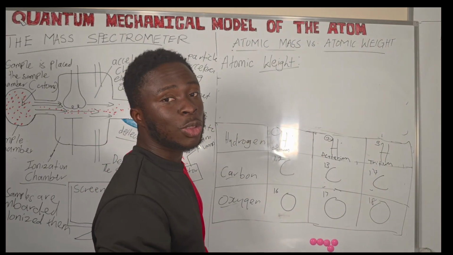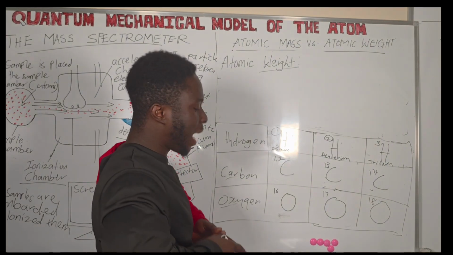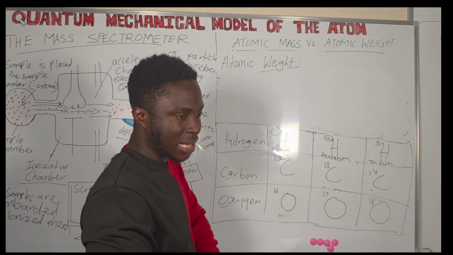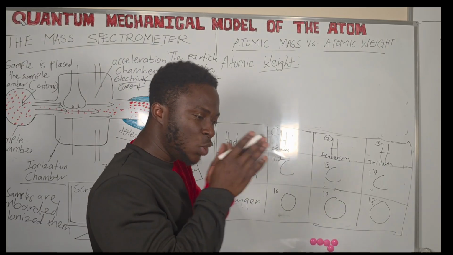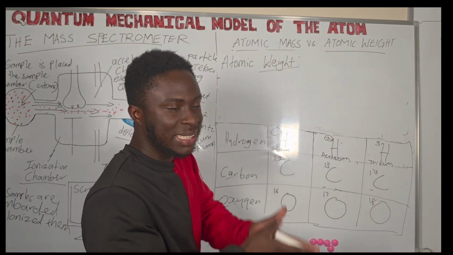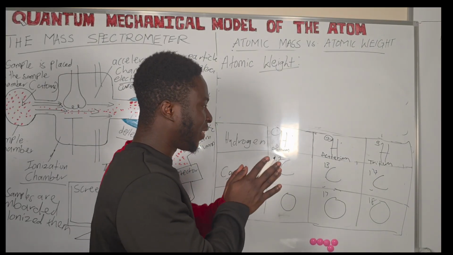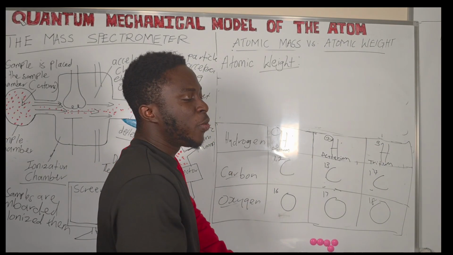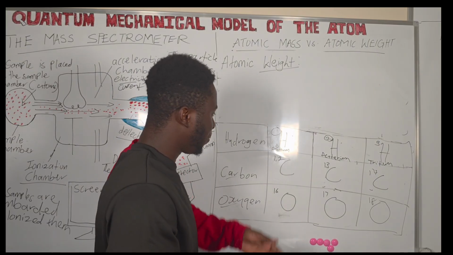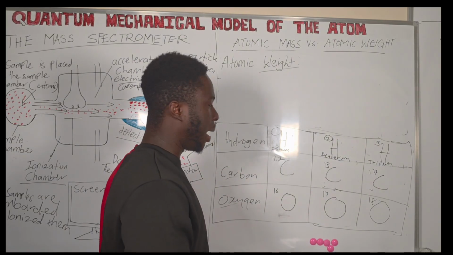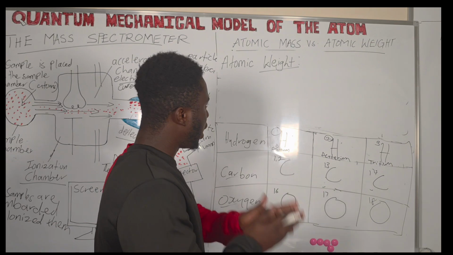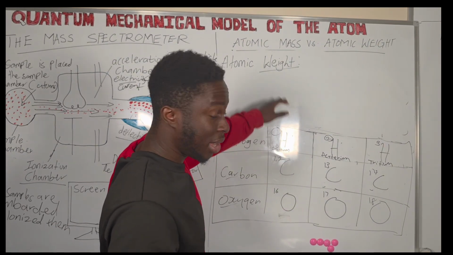When we talk about the atomic weight, we are talking about the average mass of the various isotopes that an element has. So if an element has three isotopes and we find the average of those isotopes, that is when we get the atomic weight.